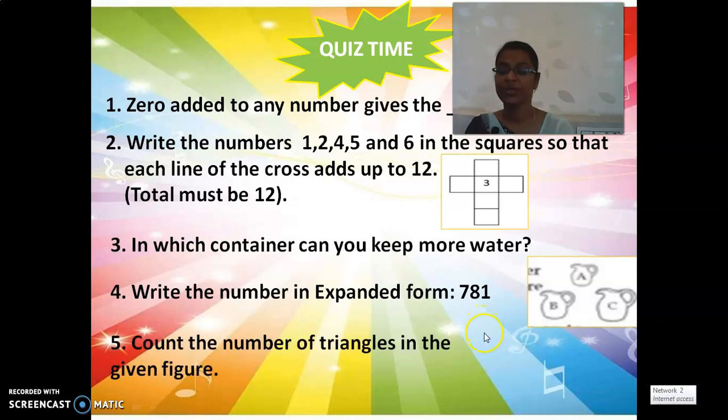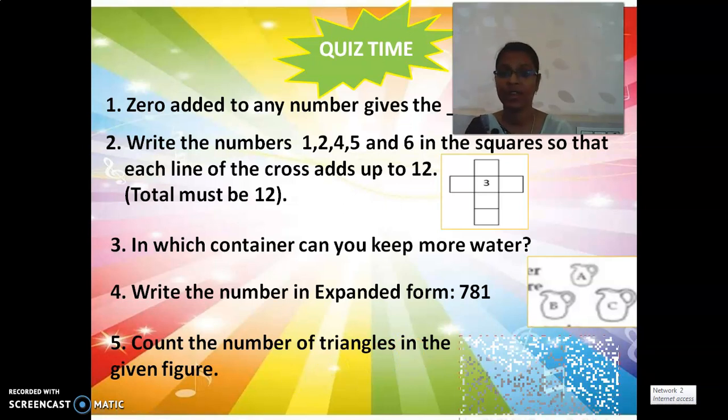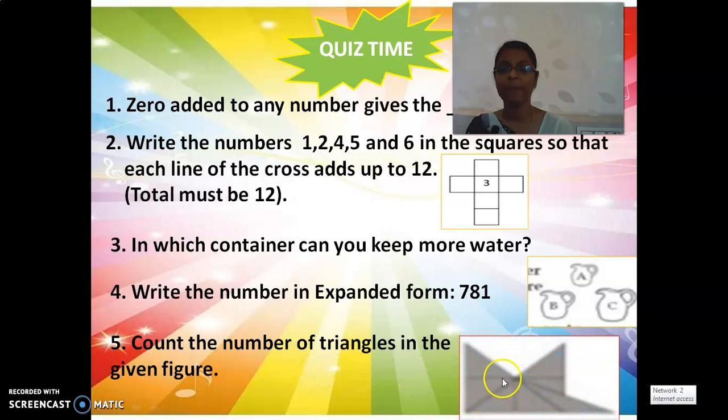Now moving to the fifth question. Count the number of triangles in the given figure. Here you are going to count how many triangles there are. Can you see the picture here? I hope you all know the triangle. A triangle comes under 2D shapes, that is, plane shapes, isn't it?